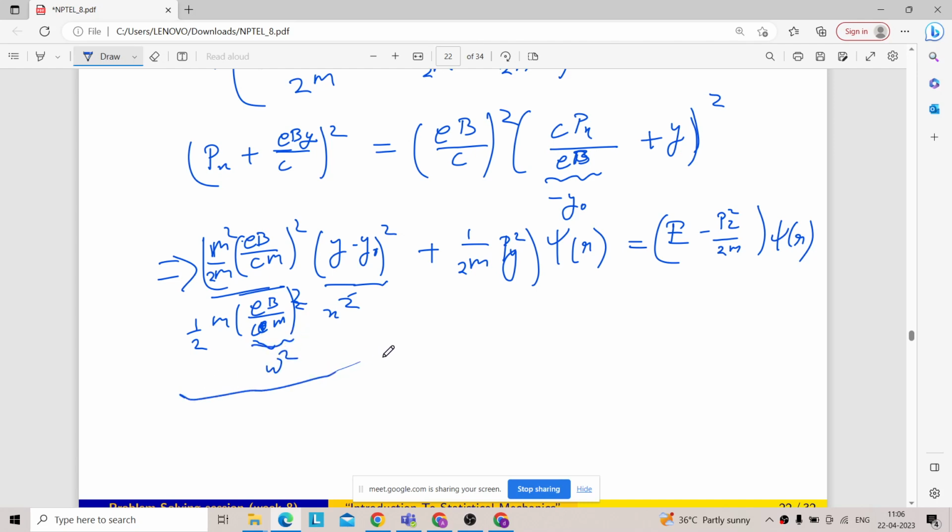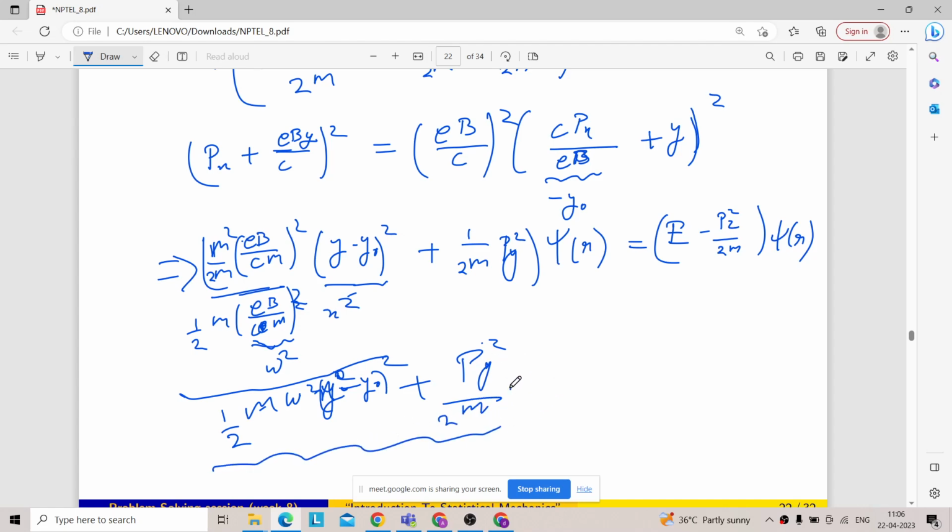So effectively I have here half m omega square x square, right. And from this term, this is dependent on y, so this is (y minus y0) square, and this is py square divided by 2m. So you see I got a Hamiltonian like a simple harmonic oscillator.